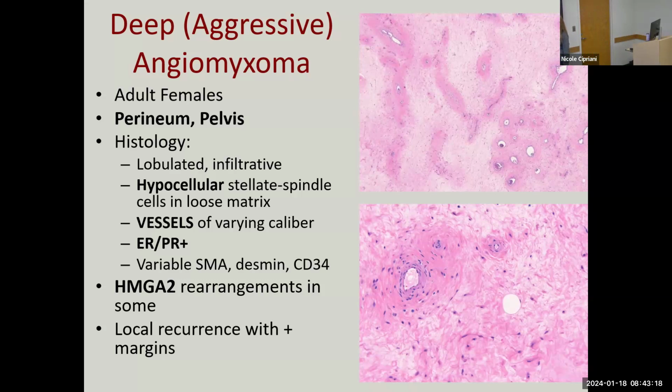What's important is that it's infiltrative and very hard to excise, so it can come back. But once you see something like this in that location, your differential is quite narrow. Okay.